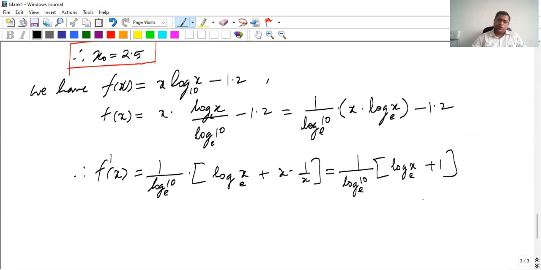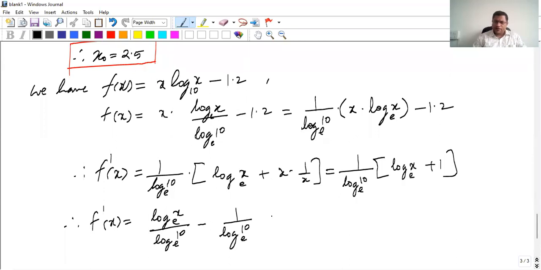We can simplify this, hence f dash of x is equal to log of x to the base e upon log of 10 to the base e, minus 1 upon log of 10 to the base e. So we can have log of x to the base 10, and minus, we can calculate this value. So this is going to be plus. We can calculate this value.